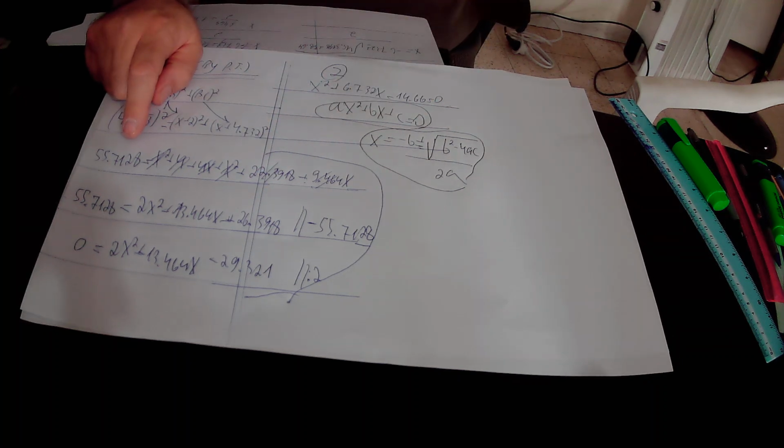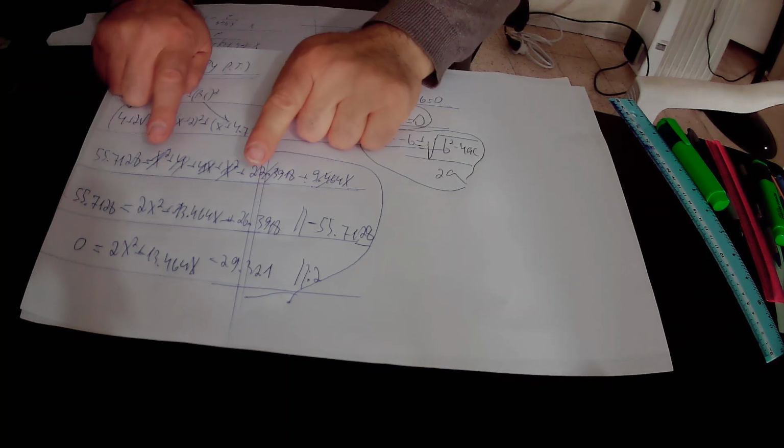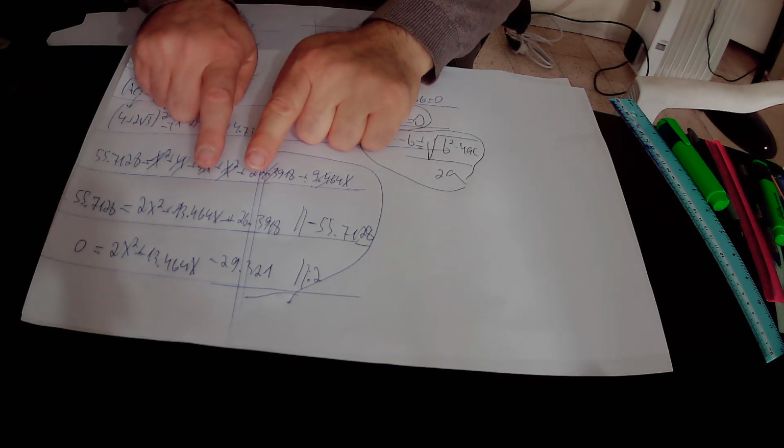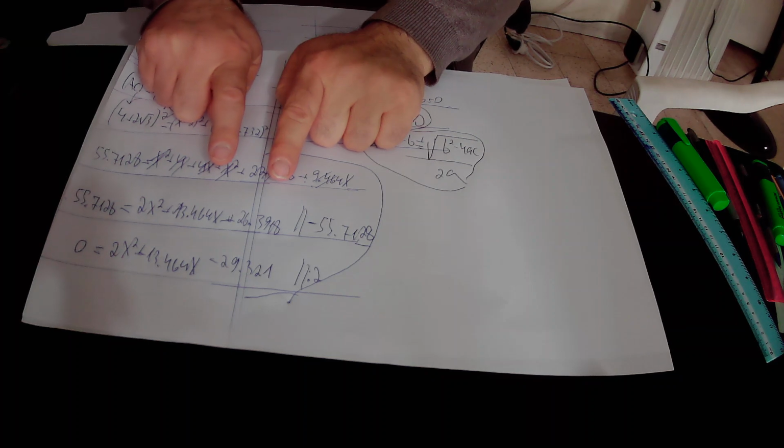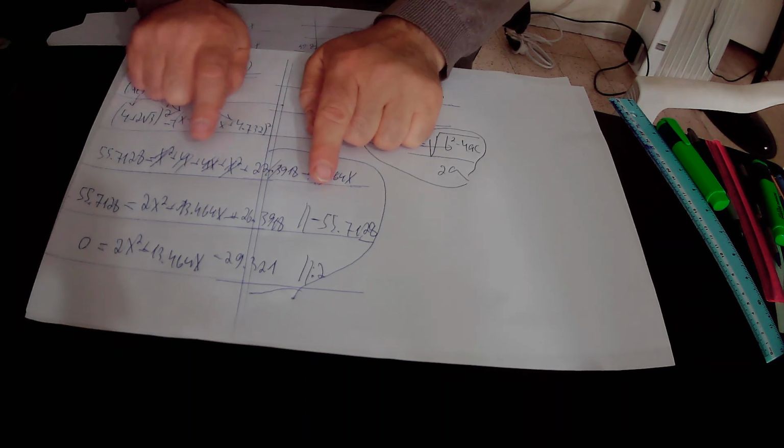So in conclusion, I found out that 55.7128 equals 2x squared plus 13.464x plus 26.3918.